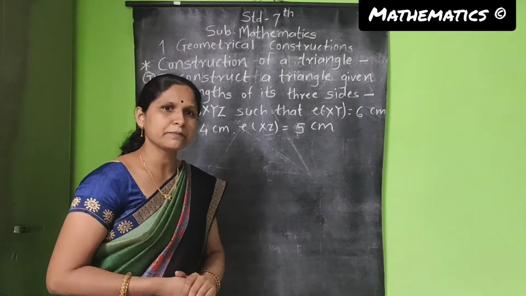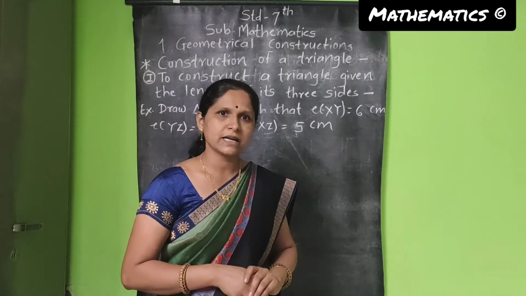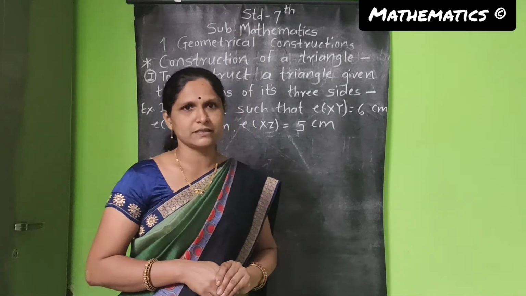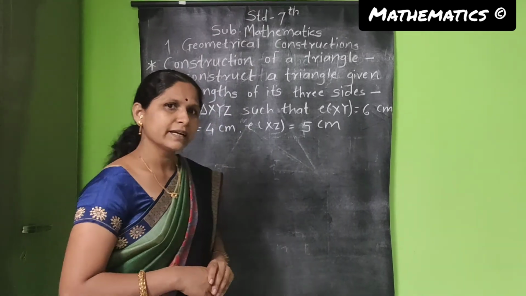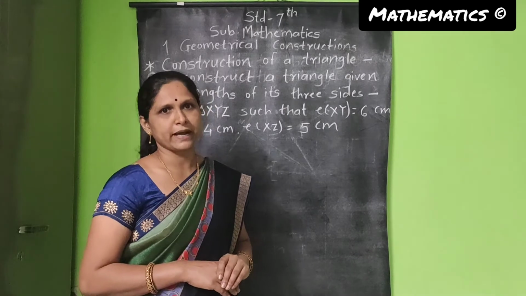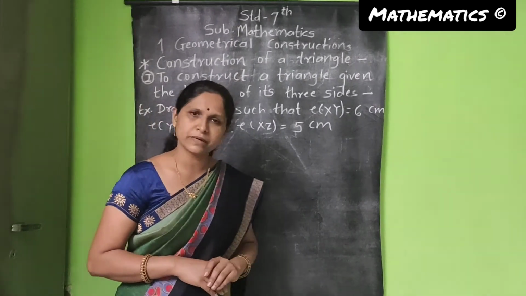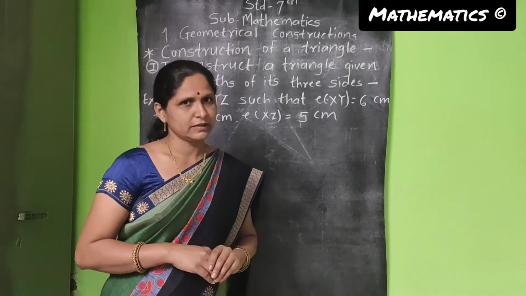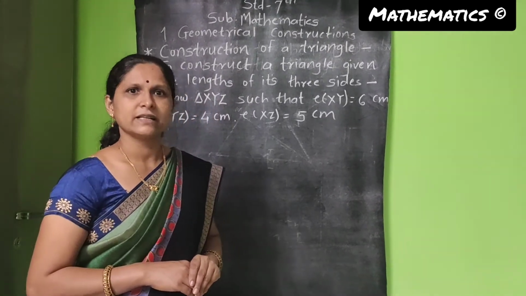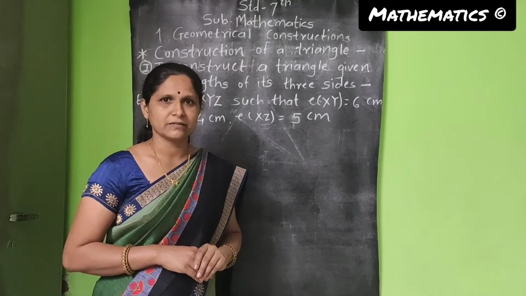There are 6 types of triangles, 3 according to the angles and 3 according to the sides. According to the angles, there are 3 types. Acute angle triangle: if all 3 angles of a triangle are less than 90 degrees, that is acute angles, then it is called an acute angle triangle.